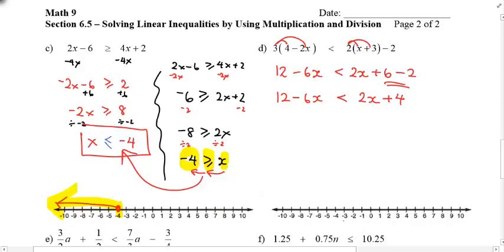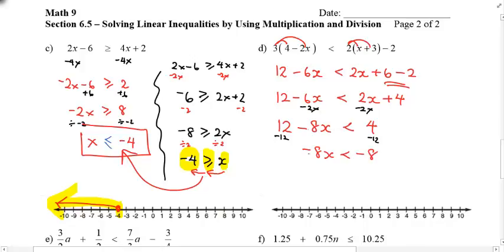Now this looks like the question in part C. So up to you what you want to do. Once again, my preference is to collect the x's on the left hand side. Negative 6x minus 2x, so that's negative 8x, less than 4. Once again, I want to isolate the x on the left, so I'm going to subtract 12 from both sides. Negative 8x less than negative 8, since 4 minus 12 is negative 8.